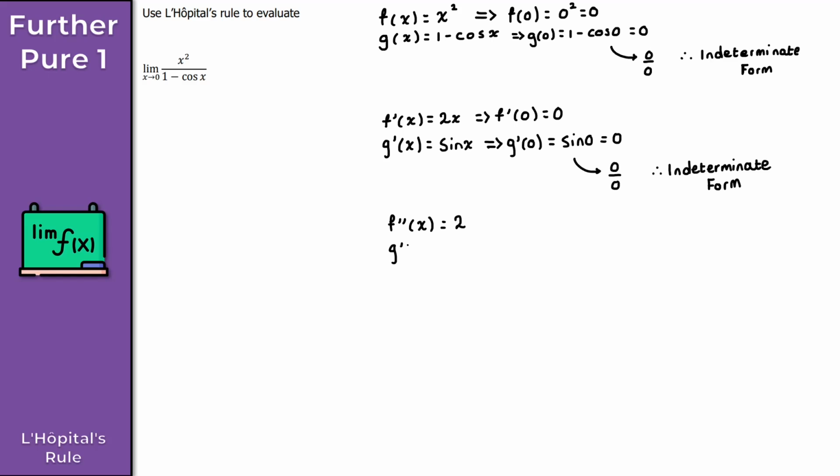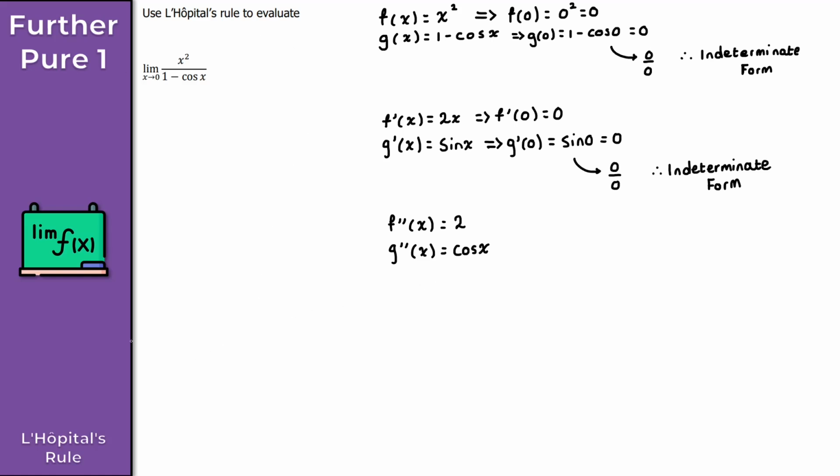Now for g prime prime of x, that would give us cos x. Now, what I can see straight away is that because we have this constant here, this form will not be indeterminate, so we can now actually evaluate this limit.